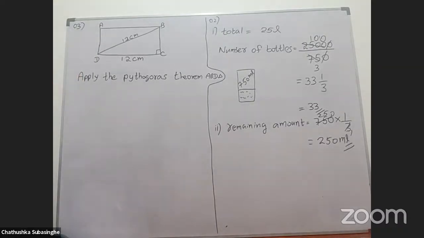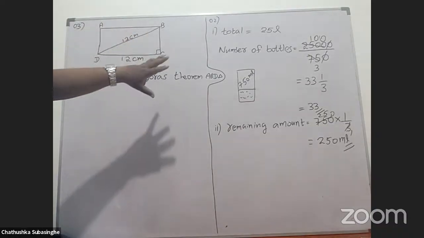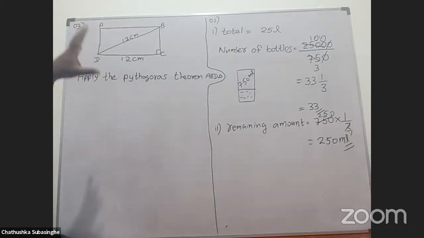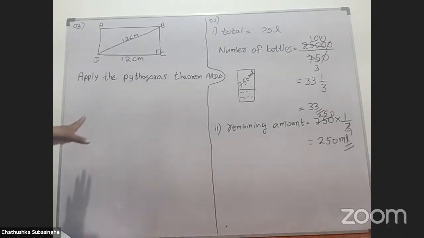There is a way in your textbook that shows how Pythagoras proved this, but we don't need it. Drawing squares for each side, we are not using that. What you want is the relationship of the Pythagoras theorem, right? The Pythagoras theorem says the square of the hypotenuse is equal to the addition of the squares of the other two sides.